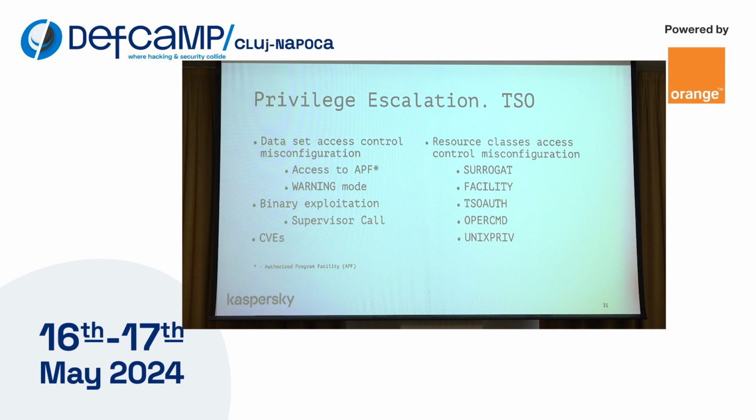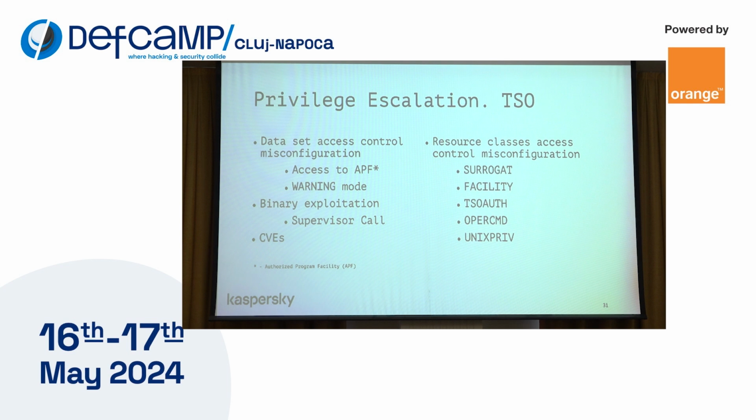Such a data set may be marked as Authorized Program Facility, or shortly APF. If a data set is APF, it may perform some privileged actions during runtime, for example, access to some resources, to some memory, and so on.